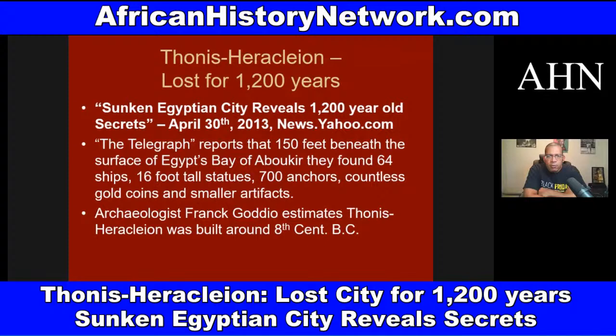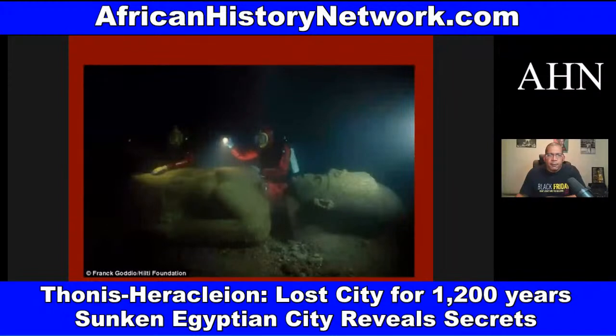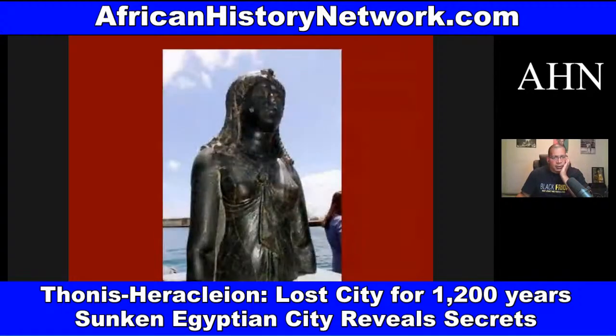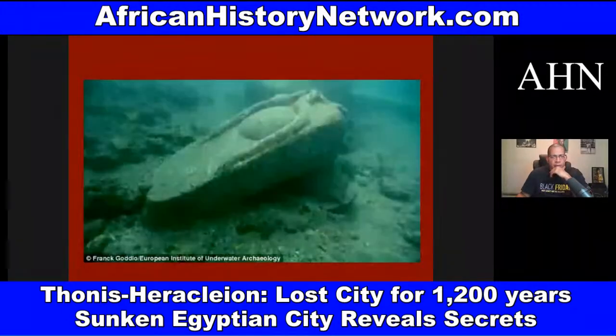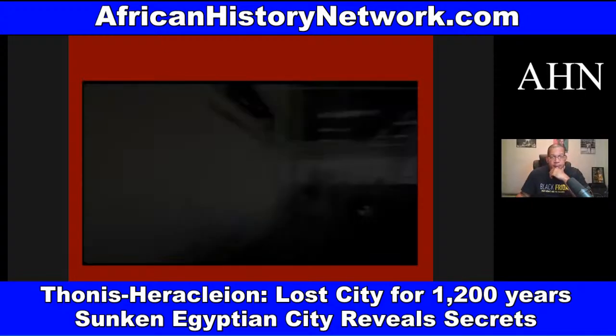Archaeologist Frank Goddio estimates Tanis Heraklion was built around the 8th century BCE, before the Common Era. So here are some pictures of what they found at the bottom of the sea. They found these 16-foot tall statues. Here's one with the legs broken off. Here's one that's probably from Ausar with the horns and the sun disk.